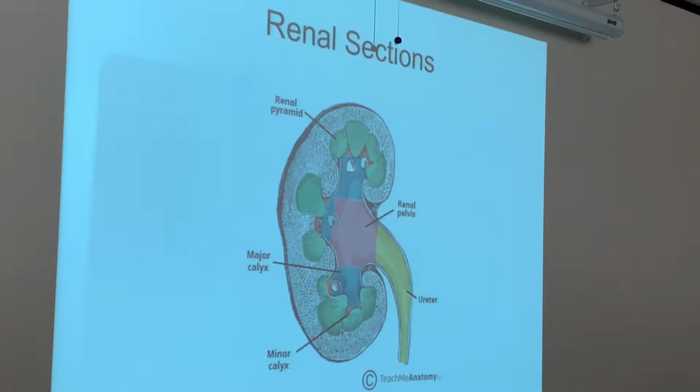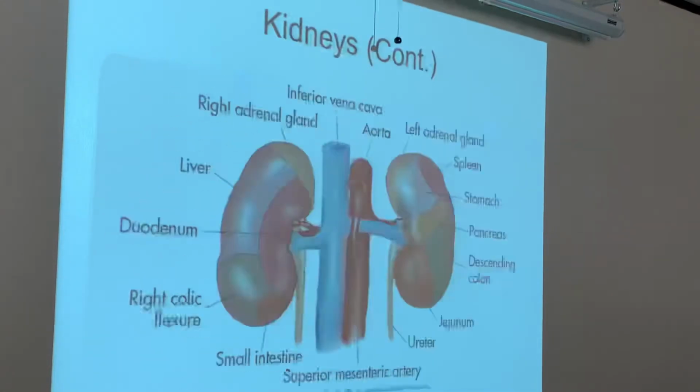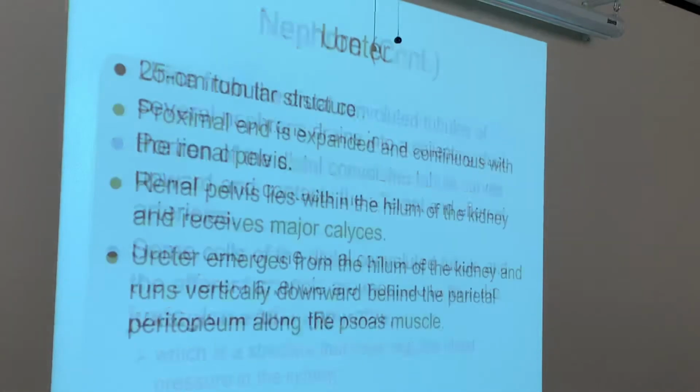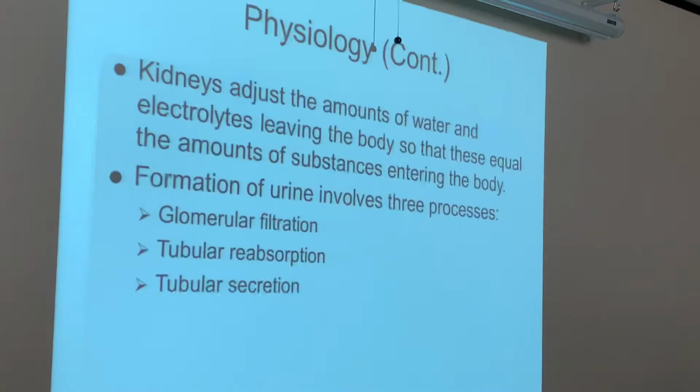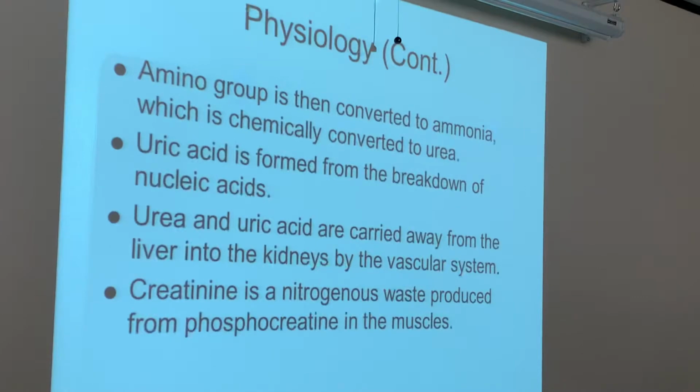What was creatinine checked for again? Kidney function. Creatinine is a waste produced from phosphocreatine in the muscles.